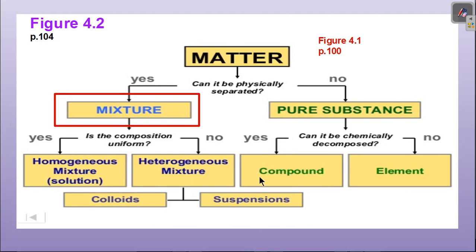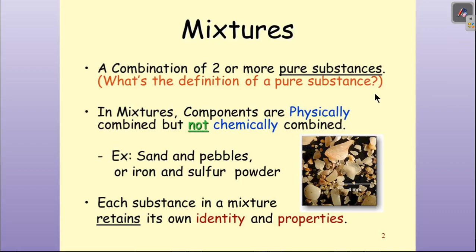You're dealing with a compound, and we learned what compounds were in module 3. If it could not be decomposed, then you were dealing with an element, and you had your elements in the periodic table, and you're still learning your elements and their symbols. So this is what this module is all about. Let's talk about mixtures. So specifically mixtures.